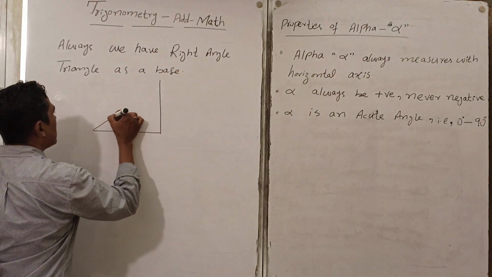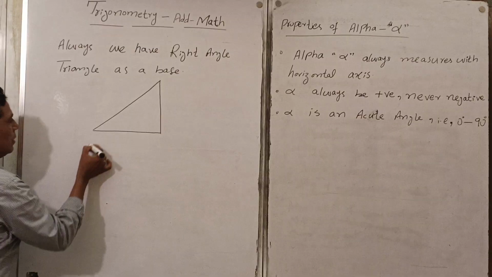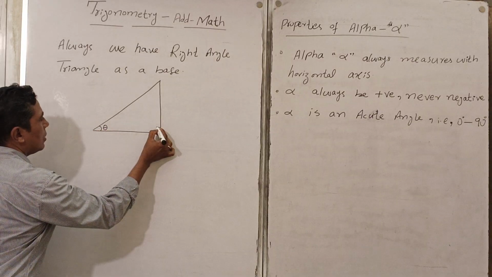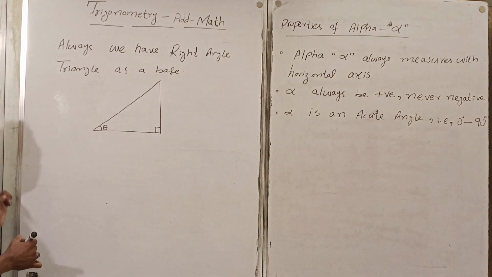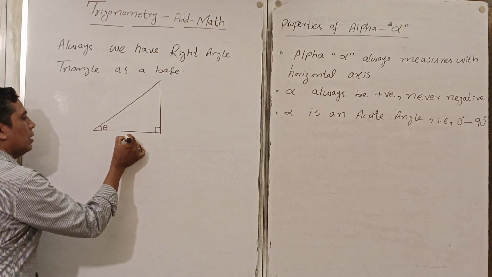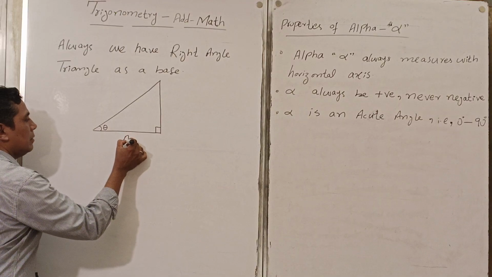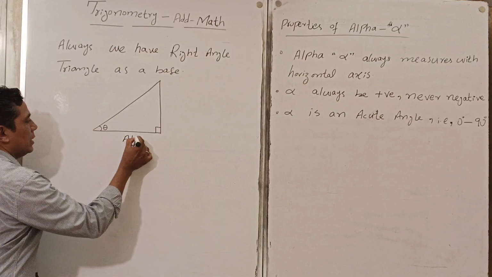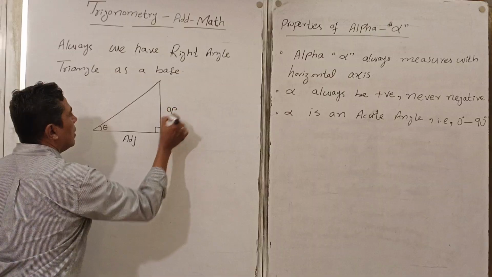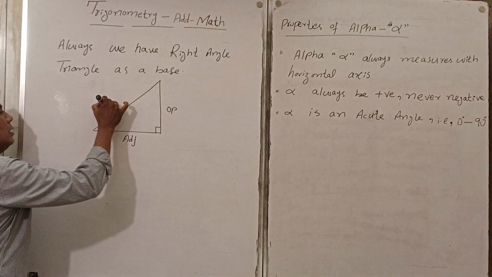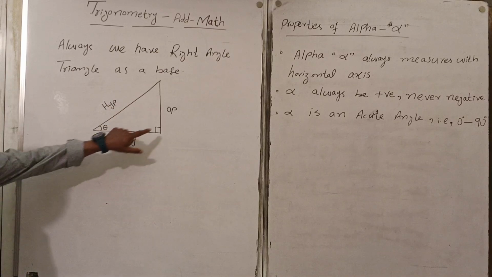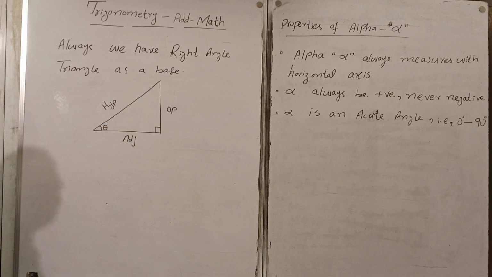This is your theta, this is your 90 degrees, right? So now what about this one? It is what? Adjacent. Yes. This is your adjacent. This is your opposite. And this one is your hypotenuse, right? Yes. Adjacent, opposite and hypotenuse.